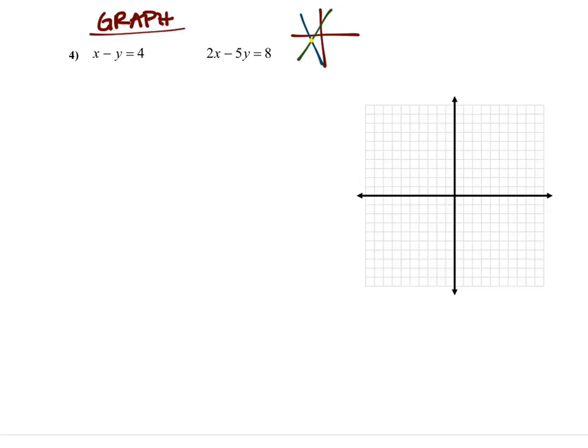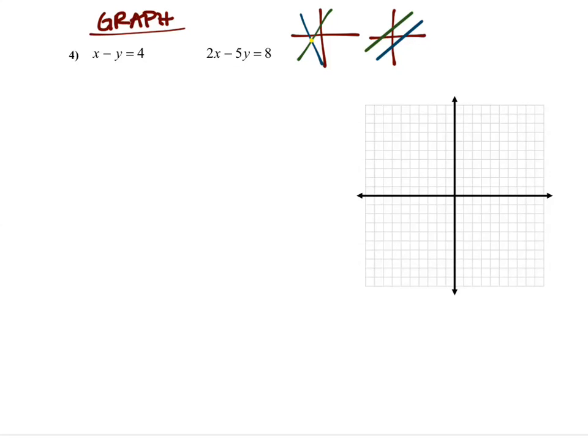Another situation we have sometimes when we graph is when we have two lines and they don't intersect at all. So maybe we start with a line here and another line parallel to it. If a line is parallel, it will never intersect.